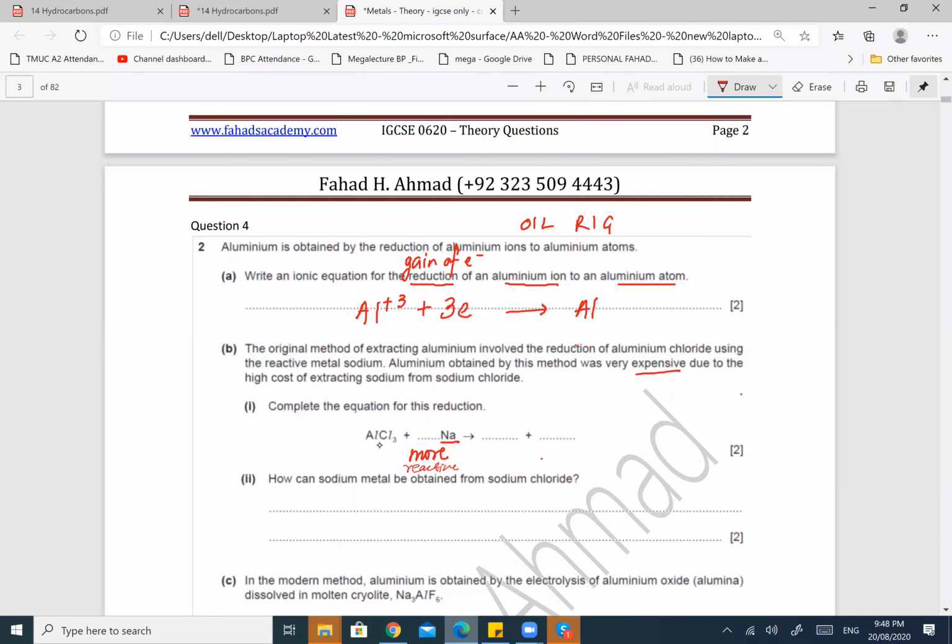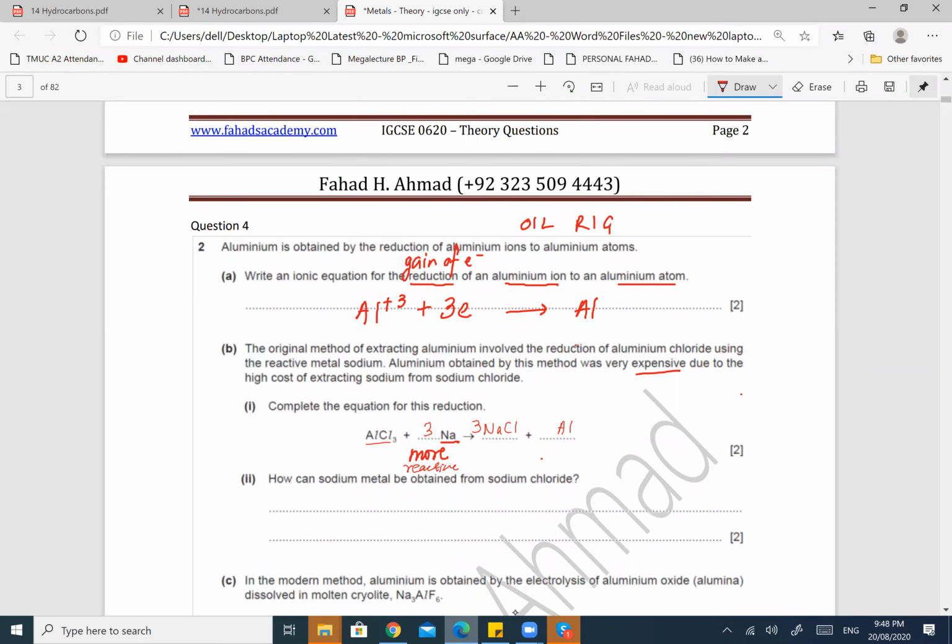So what would it do? कि वो aluminium को side पे करेगा, it's going to knock out aluminium and Cl को अपने साथ attach कर लेगा. So it's going to form NaCl. मतलब you know कि Na and Cl they form the formula of Na plus 1 and Cl minus 1. ठीक है, so this is the formula. You need to balance this equation. So there are 3 Cls. So they're going to be 3 NaCls. So जिसकी वजह से there would be 3 sodiums. So they're going to be 3 sodiums on the other side as well.